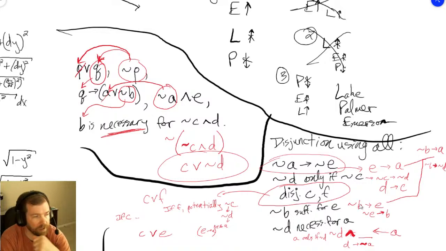Right, and not B implies E, which means that not B implies not D.